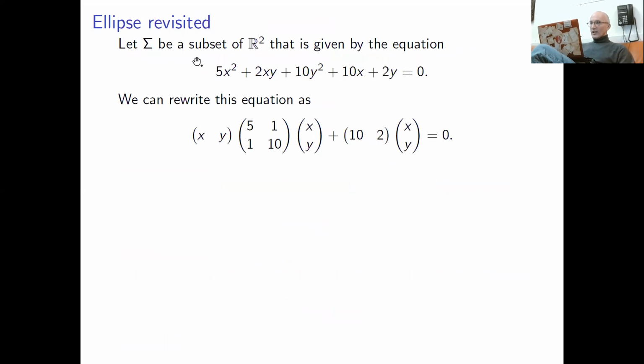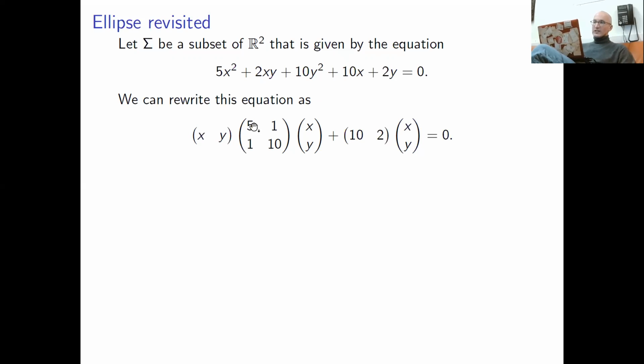We consider this subset given by this equation, and looking at this equation, I have no idea what it is. It can be an ellipse, hyperbola, parabola, maybe the empty set, maybe a point. But it's very likely that this is something nice. And of course, the title of the slide suggests that this is an ellipse.